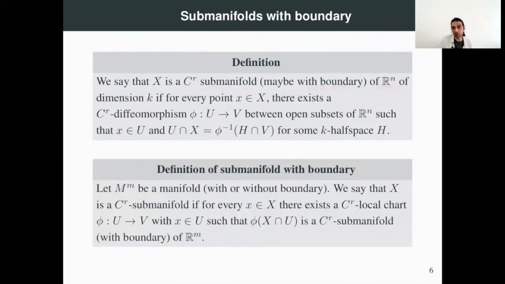But sure, we want to define submanifolds with boundary of any manifold. So in the general case, we just translate the setting to Euclidean space.